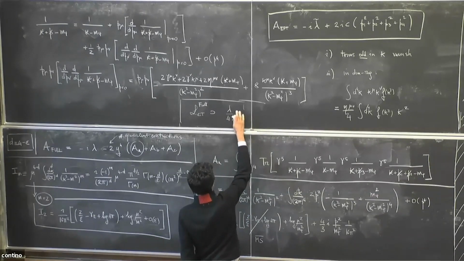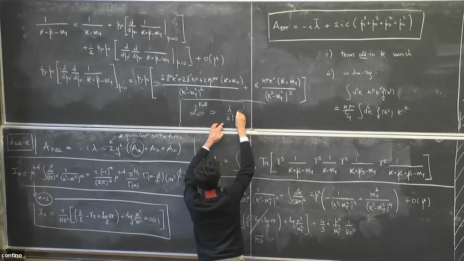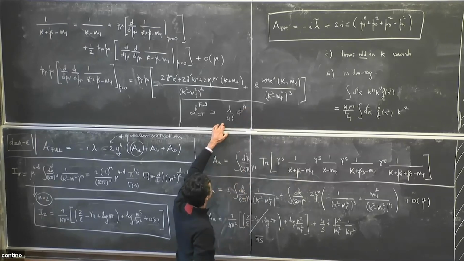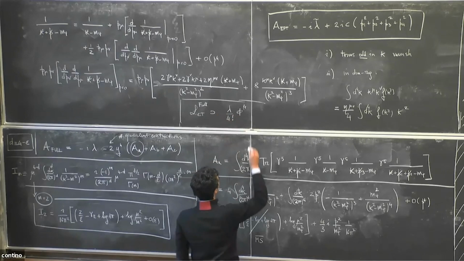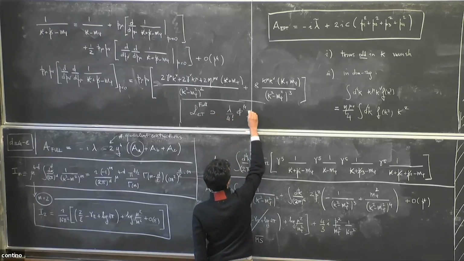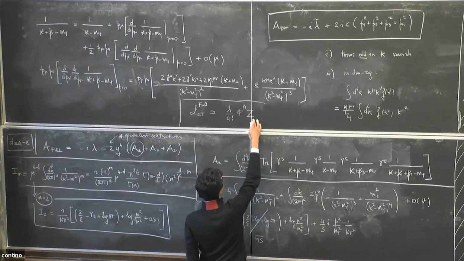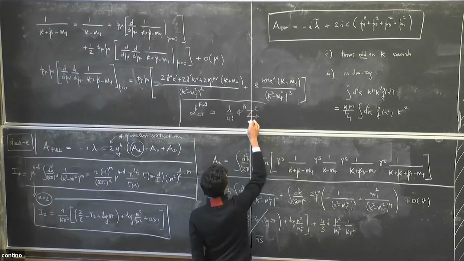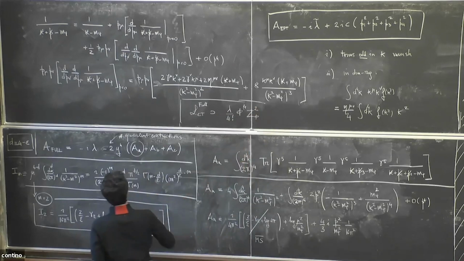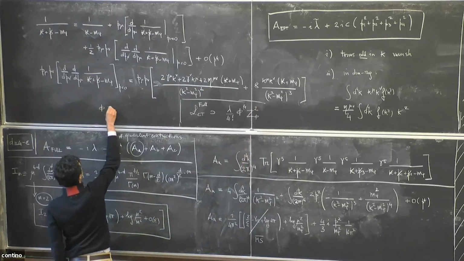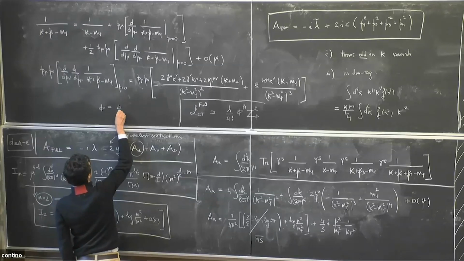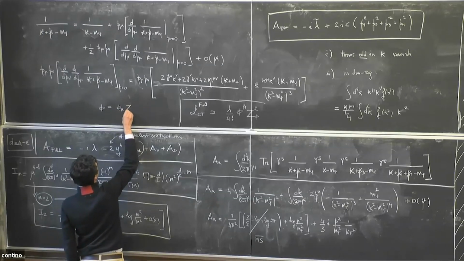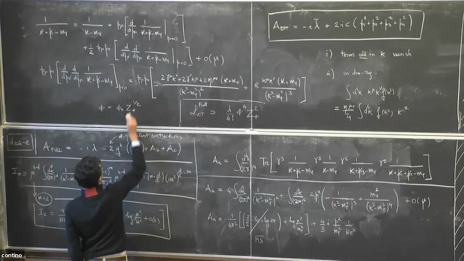It arises from the fact that the bare term, which I wrote, where everything is bare, so both lambda and the field, will get multiplied by Z factors. So in particular, there is a Z_phi to the 1/2 if you define phi_0, the bare field, equal to the renormalized phi times Z_phi to the 1/2.